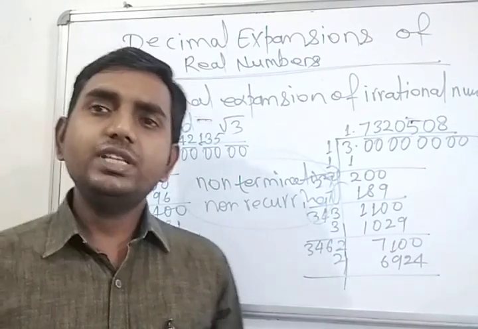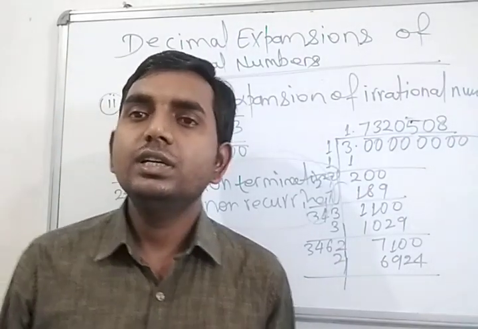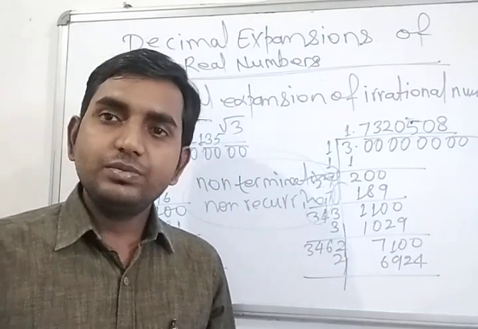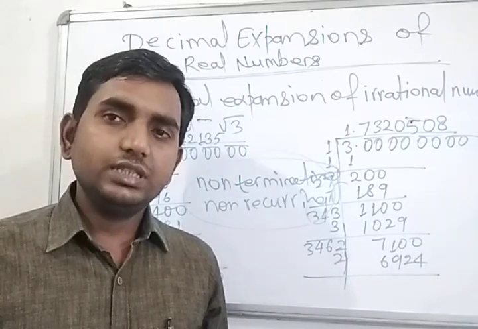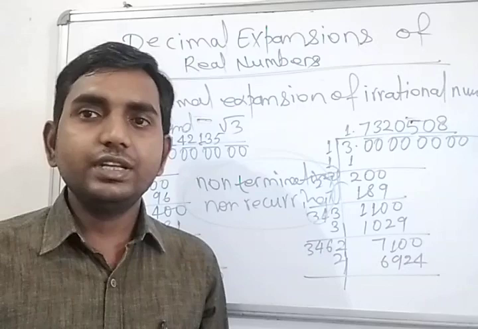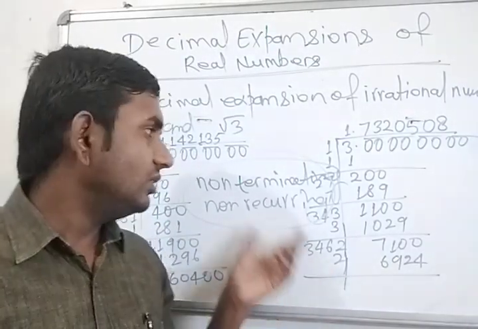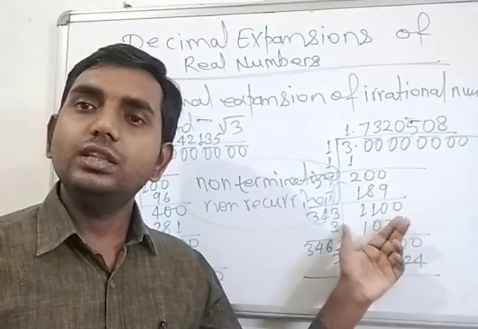So in this class we studied the decimal expansion of rational and irrational numbers, and also the types of rational numbers, like pure recurring and mixed recurring decimal expansion of rational numbers, and irrational numbers, which are non-terminating and non-recurring.